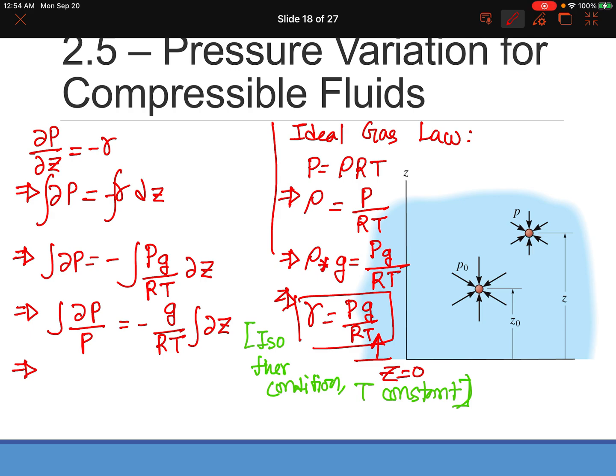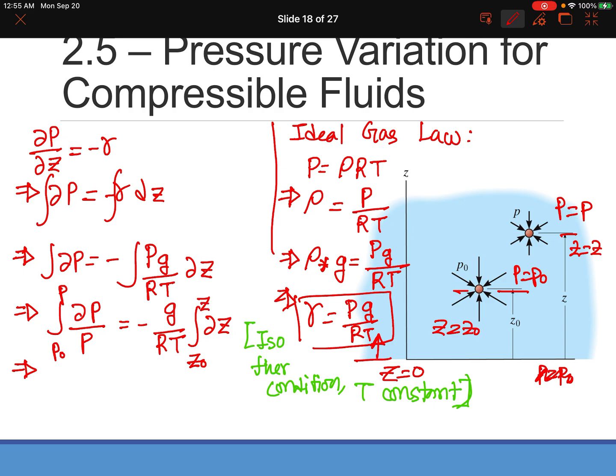At this point P will be P naught, and here P equals P. At this point z equals z naught, at this point z equals z. So we go from P naught to P, and from z naught to z.